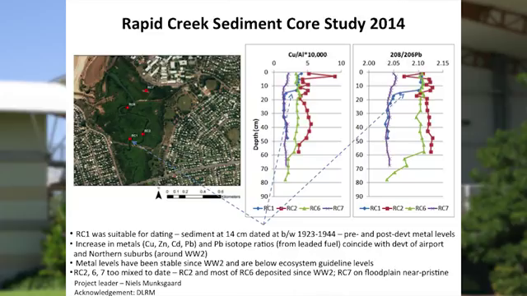The other core samples, these two here, the green and the red, were too mixed for any dating to be done, but they show higher copper concentrations and also higher lead isotope ratios. So what this says is that the sediment in these core samples was all deposited after World War II, so post-development.